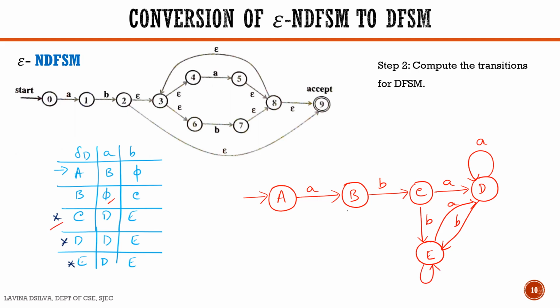And we know C, D and E are the final states. So this is the equivalent DFSM for the given epsilon NFSM.